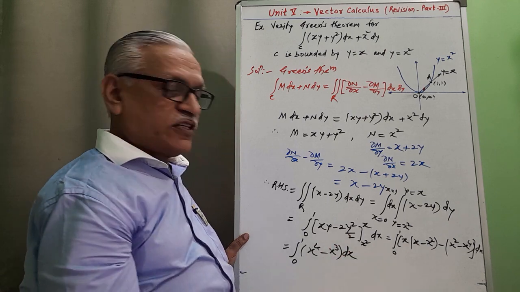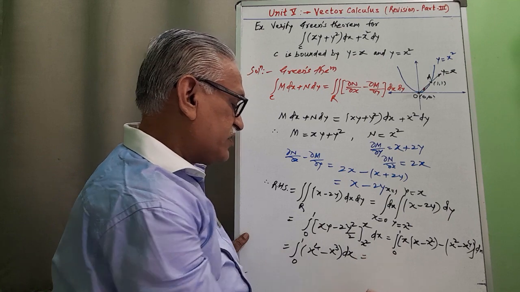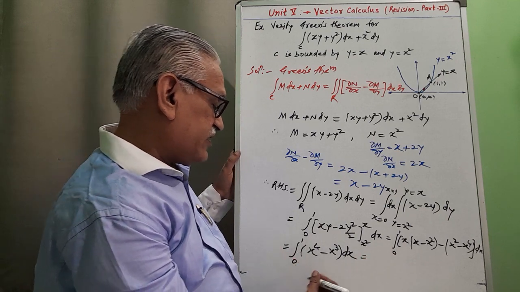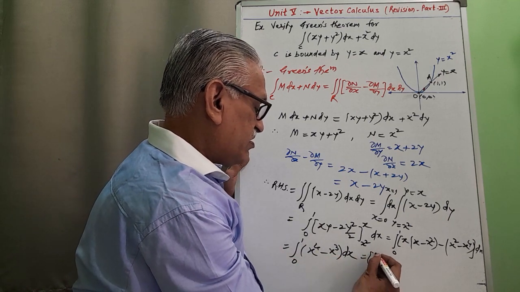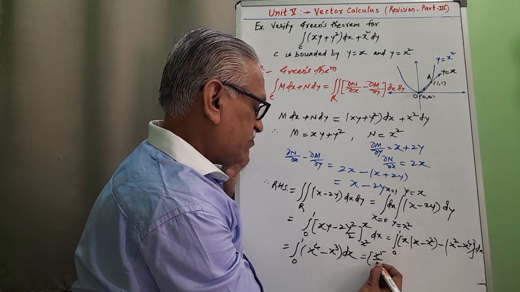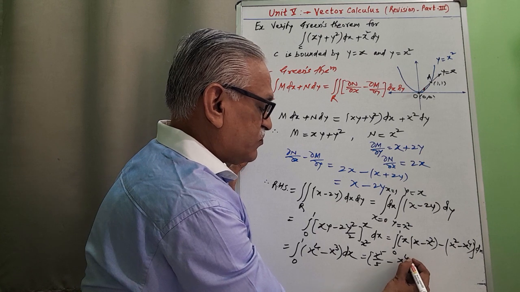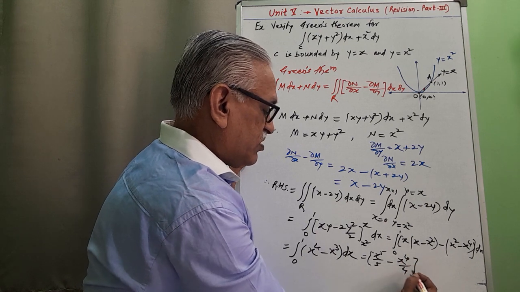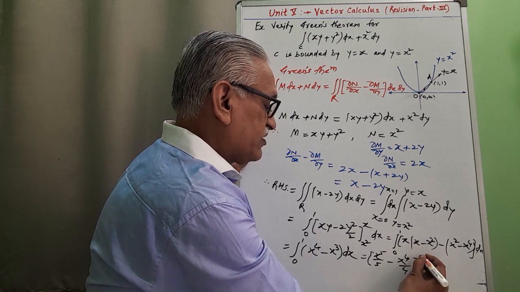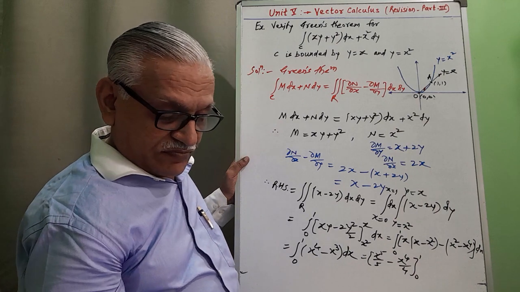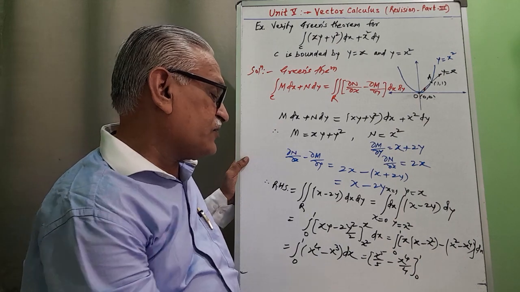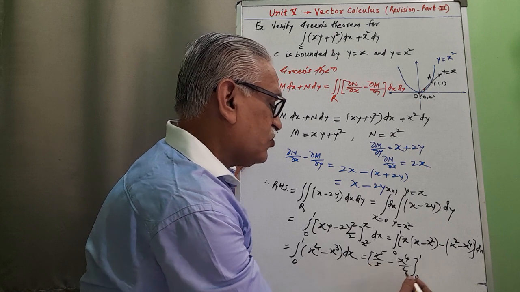Integrating these two terms with respect to x, the integration of x raised to 4 is x raised to 5 by 5, minus the integration of x cube, which is x raised to 4 by 4, limit from 0 to 1. Therefore, substituting upper limit and minus lower limit.